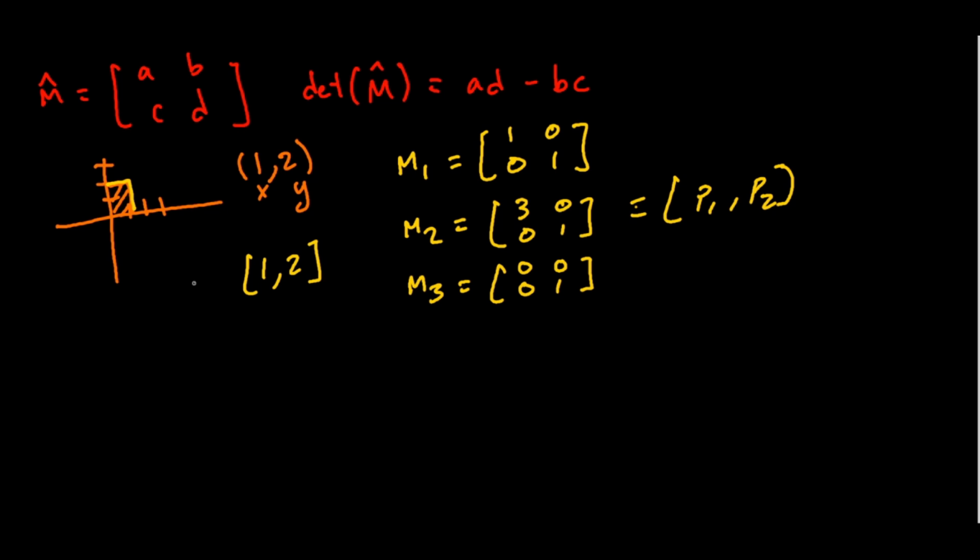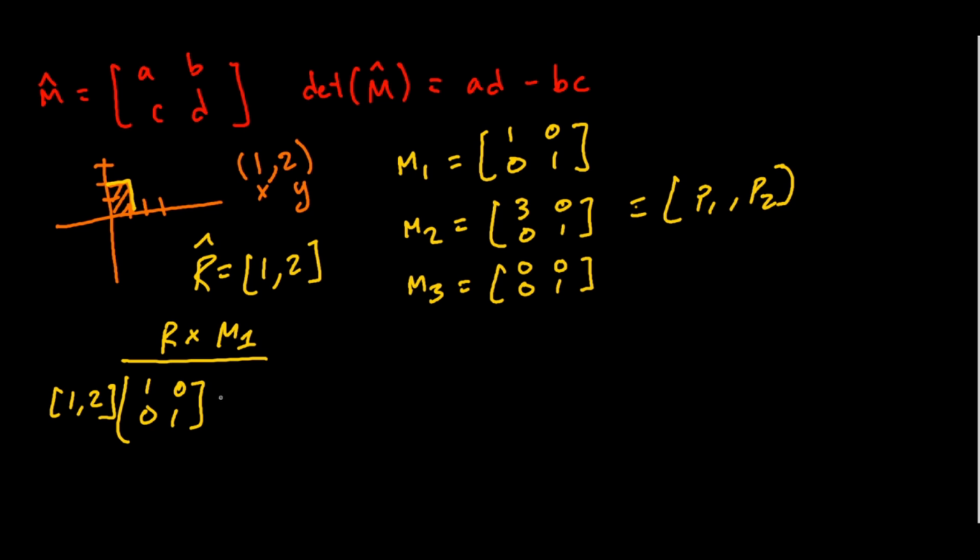So taking the first point over here, let's call this R, the vector R. So let's say I multiply R by M1, right? So what's that going to look like? It's going to be 1, 2 times 1, 0, 0, 1, which is going to be rows times cols, right?